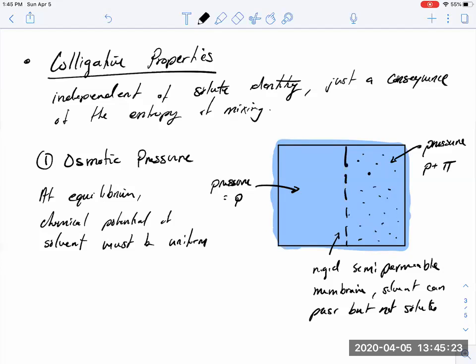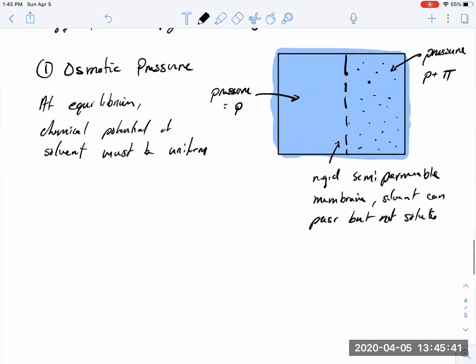It's able to flow back and forth. We're allowing those states to be accessed in a way that the chemical potential on the right-hand side for the solute need not be the same as that on the left, because we're not allowing it to relax to that side. But for the solvent, the chemical potentials must be equal. So on the left-hand side, we have the chemical potential of the solvent, which is just what it would be in its pure state, just dependent on temperature and pressure.